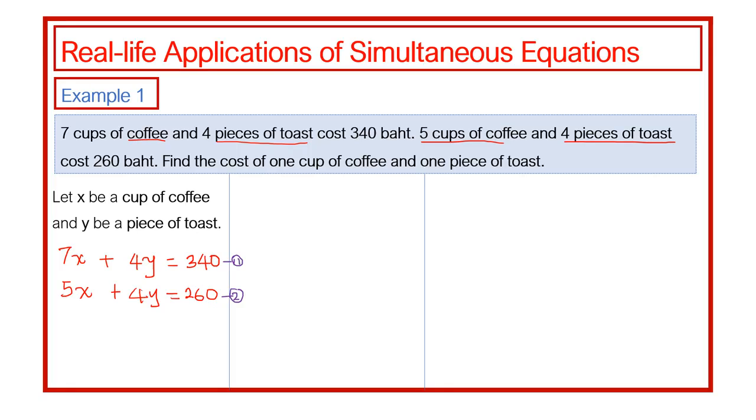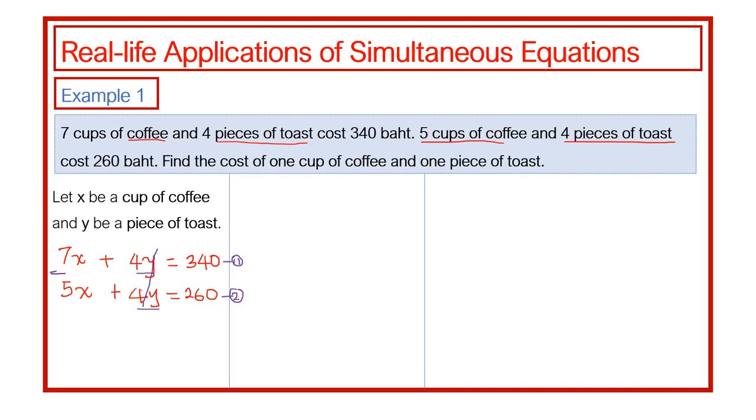So this is equation number 1 and this is equation number 2. Like we saw already, we can use graphical method, substitution method or elimination method. For this case, let us use elimination method. Since we have 4y and 4y, let us use minus, such that we get 4y minus 4y, that is a 0.